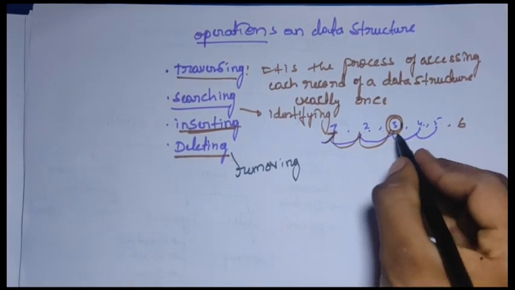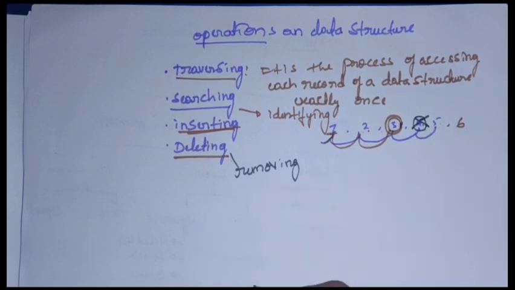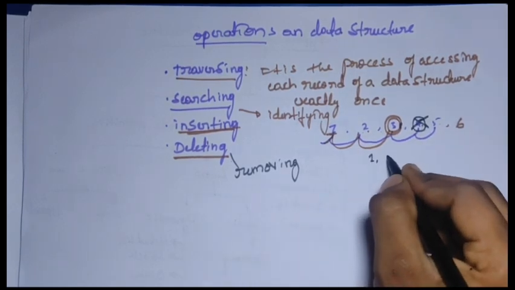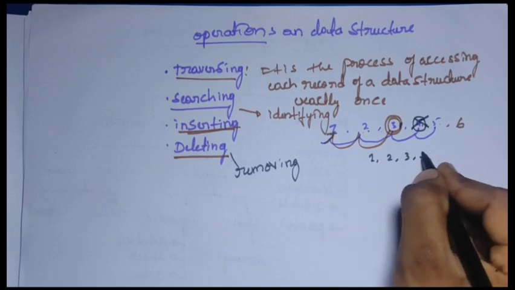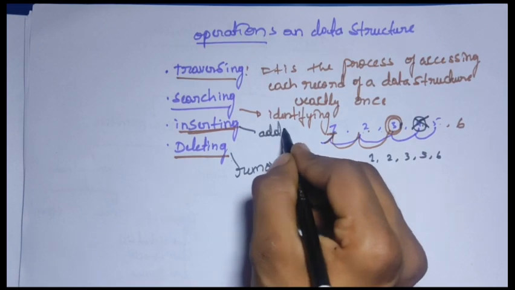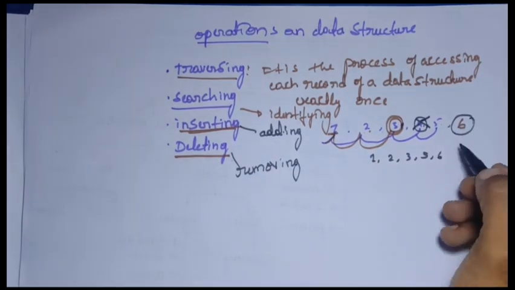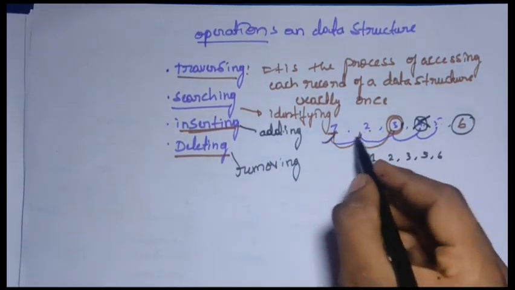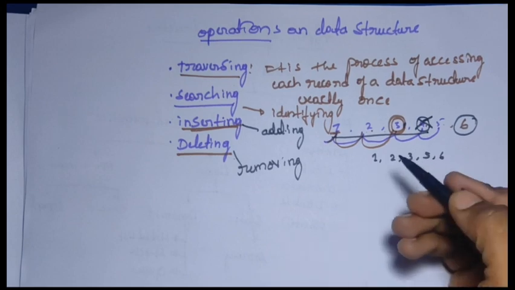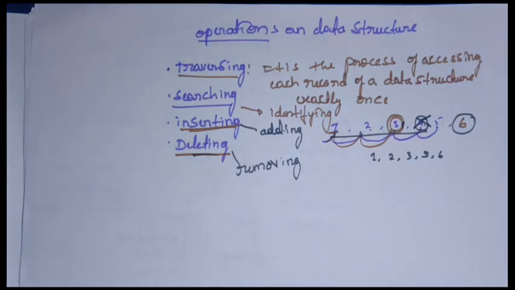Suppose I don't want this 4, then I have to remove this element. Then I have 1, 2, 3, 5, 6. So that is the deleting operation on a data structure.